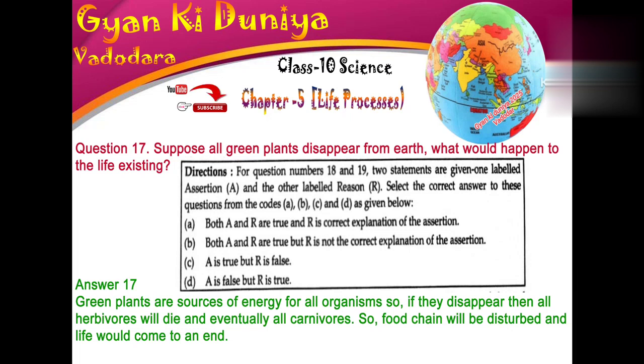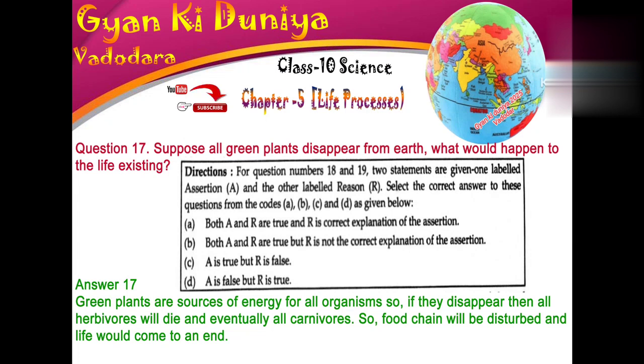A. Both A and R are true and R is the correct explanation of the assertion. B. Both A and R are true but R is not the correct explanation of the assertion. C. A is true but R is false. D. A is false but R is true.